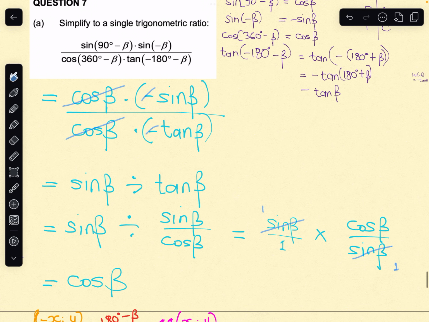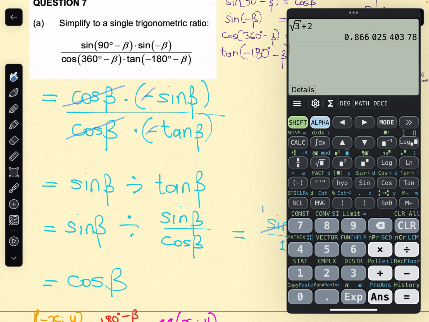And of course, the nice thing is you can take any beta, obviously one that wouldn't make this undefined. I'm just going to go for beta equal to 10.